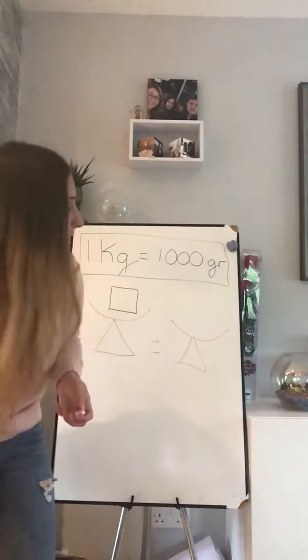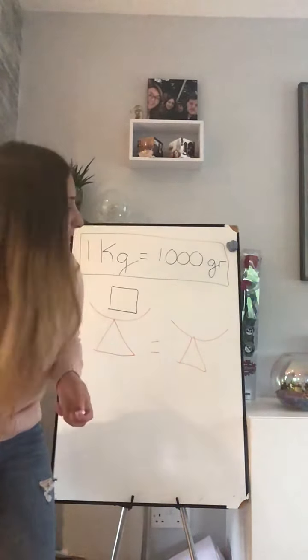A little bit less heavy. And I need 5 of them. I need 5 chocolates to get the same weight as my box. So I will need 5 chocolates for them to weigh the same, okay?